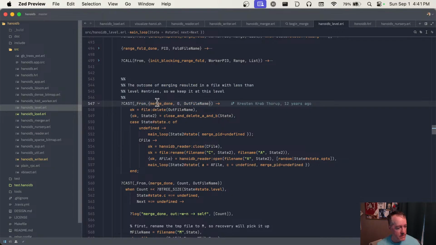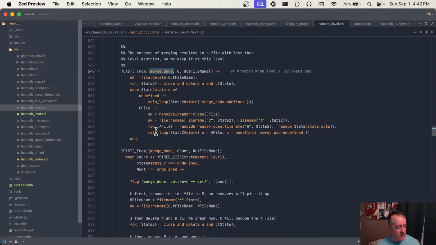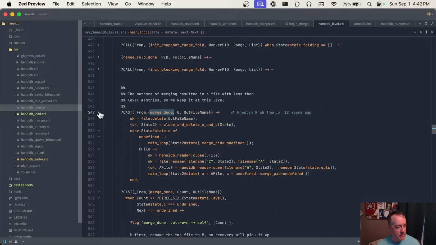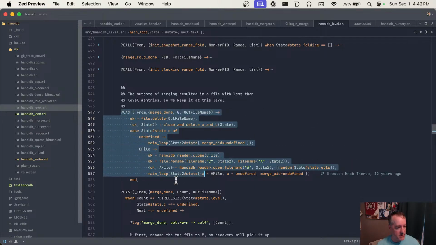So this is interesting, this merge done thing. We're going to have to look at this a bit deeper, because we do want to understand the merge strategy.